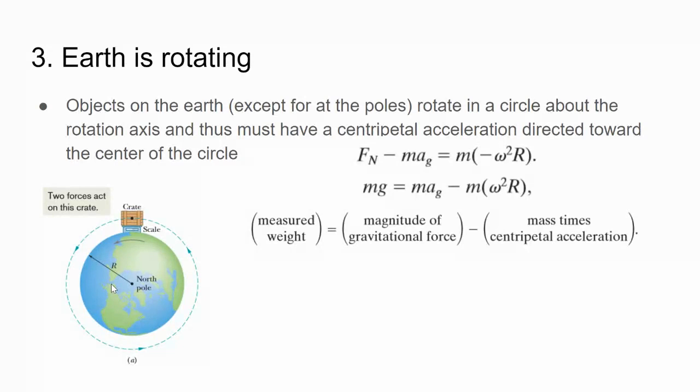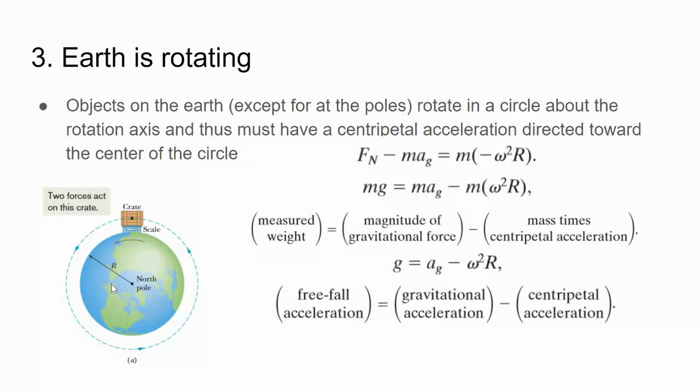That's equal to the magnitude of the gravitational force minus the mass times centripetal acceleration. So if we divide everything by mass here, we get little g, which is our measured acceleration of gravity or our free fall gravitation, equals our acceleration of gravity minus omega squared r. So we get free fall acceleration equals gravitational acceleration minus centripetal acceleration.